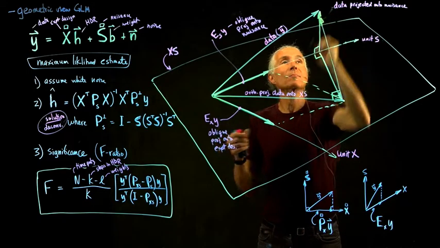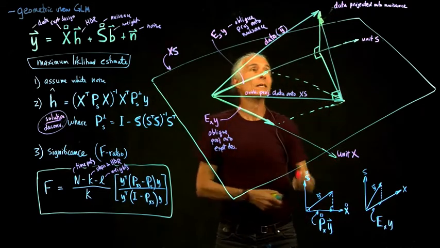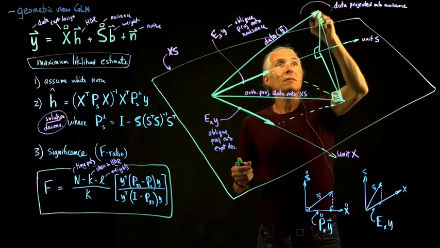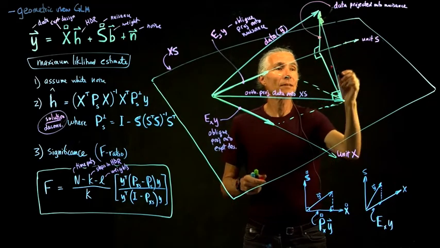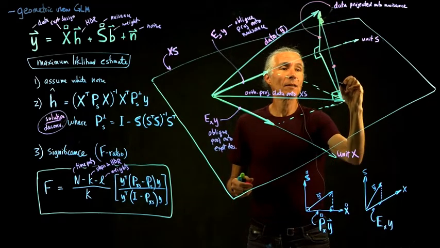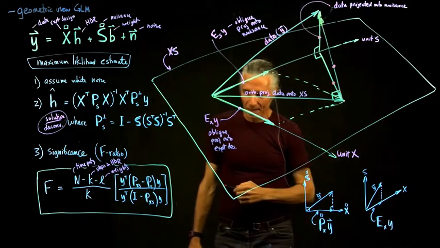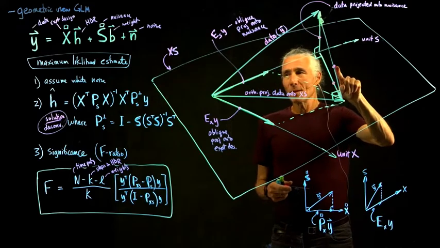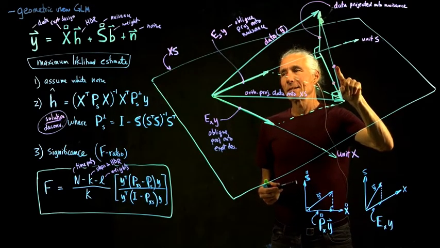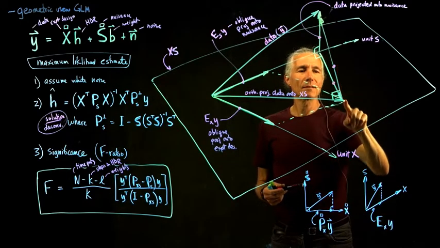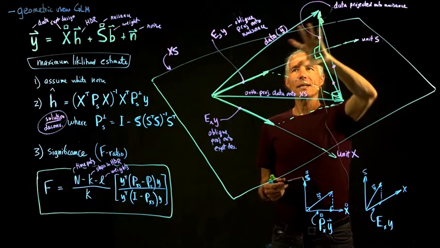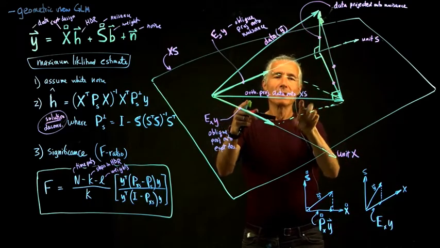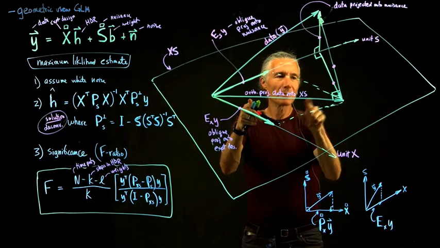They're all going to the same place. And the data projected into the nuisance was that guy. There are two vectors to define here, and those are the two most important ones. So let's start with this one, which I drew but didn't define. You project the data onto both the experimental design and the nuisance at right angles.